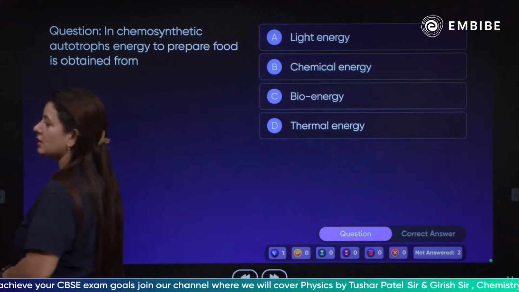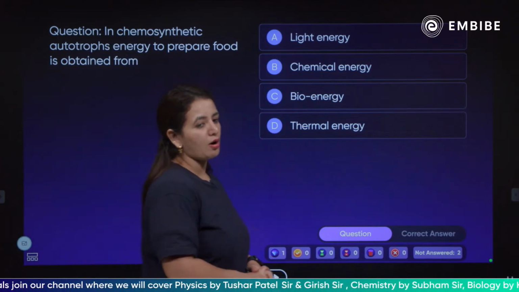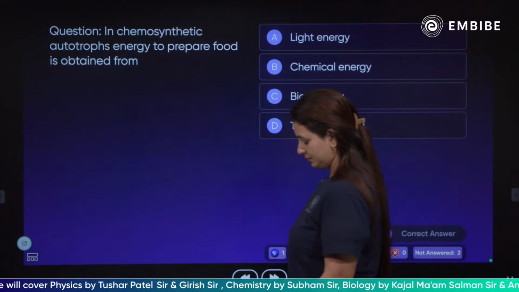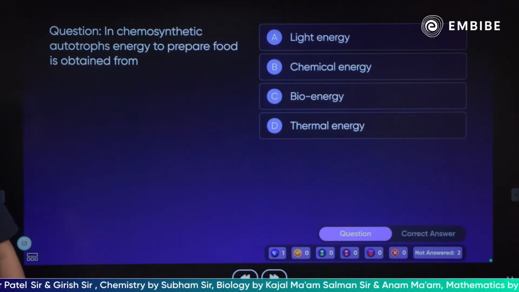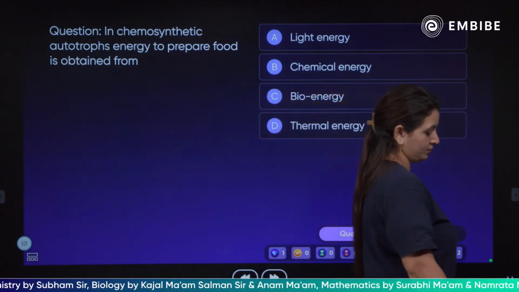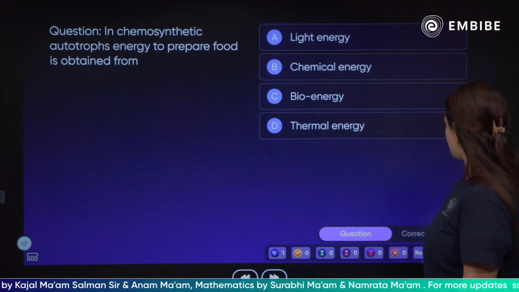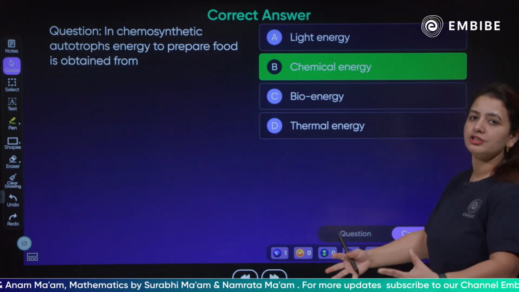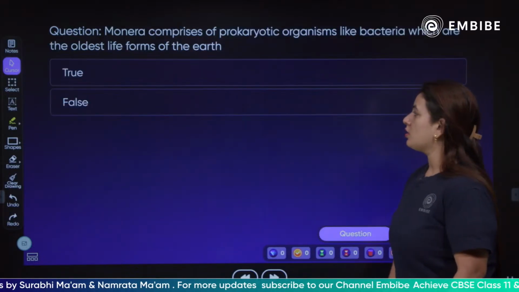This is very easy. So, children, simply the chemosynthetic bacteria obtain the energy from the chemicals. Chemical energy is responsible for the chemosynthetic bacteria.